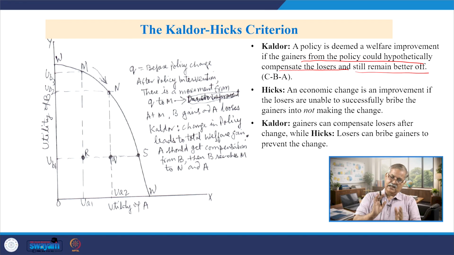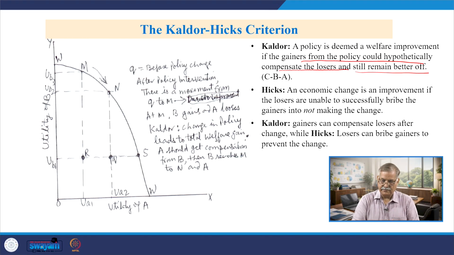This is one aspect. Hicks talks about it differently, although the essence is the same. An economic change is an improvement if losers are unable to successfully bribe the gainers into not making the change. Suppose a policy is to construct a project which adversely affects person A, who can bribe B not to make the change and remain in the status quo.